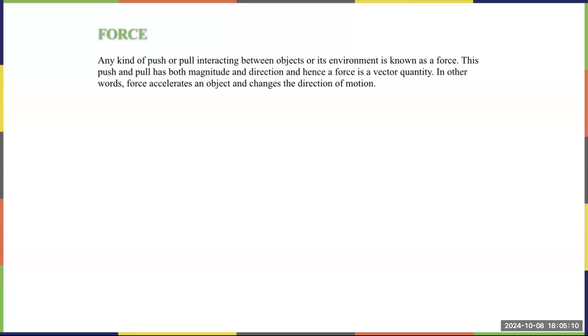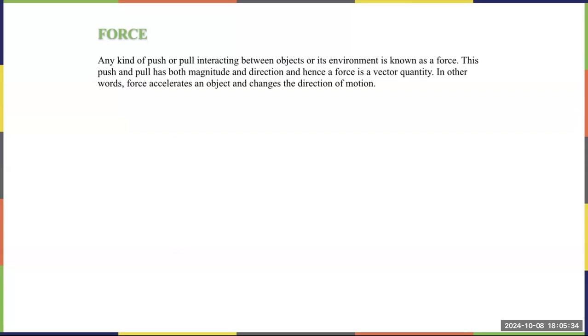And this force, push or pull, has both magnitude and direction. So again, the definition: push or pull, right? What does that mean? Push means you are moving an object away from yourself, pull means you are bringing an object closer to you. So that means the direction is already involved.